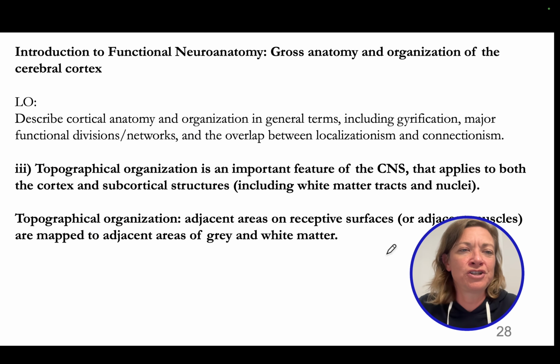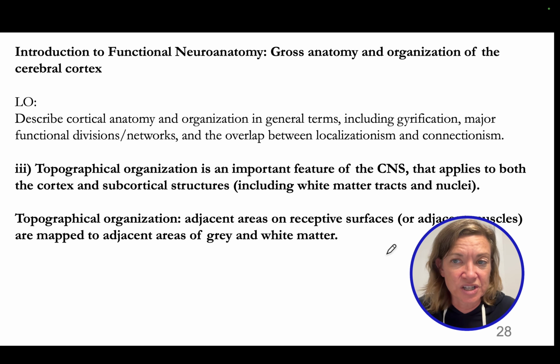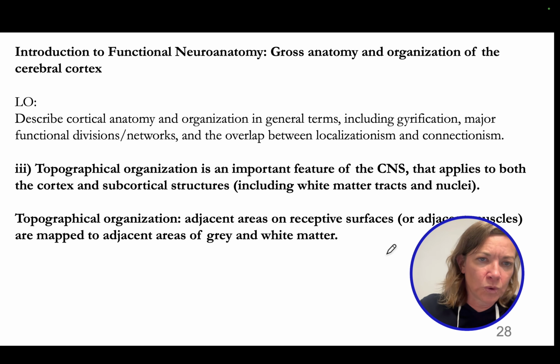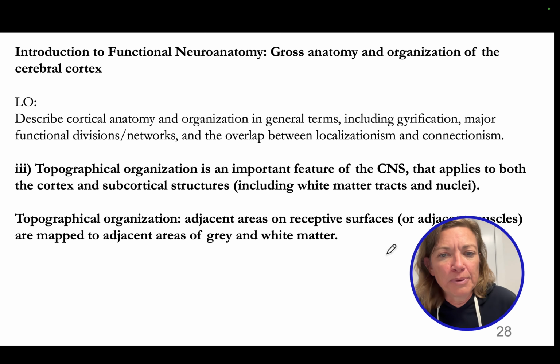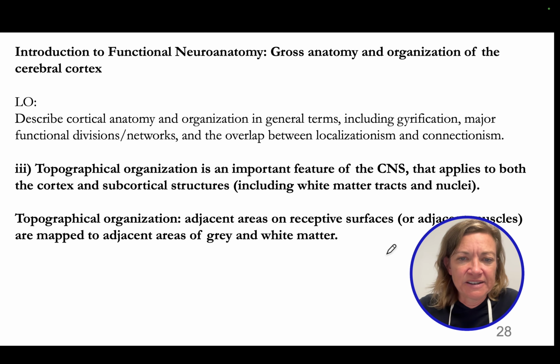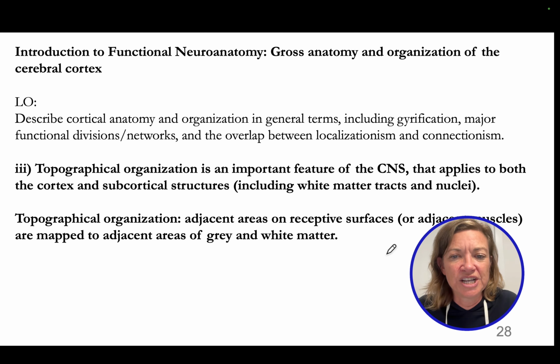Now, a third major feature of organization of the cortex is topography. In fact, topographical organization is an important feature of the whole central nervous system. It applies to both cortex and subcortical structures, including white matter tracts and nuclei. The definition of topographical organization is that adjacent areas on receptive surfaces or adjacent muscles are mapped to adjacent areas of gray and white matter.